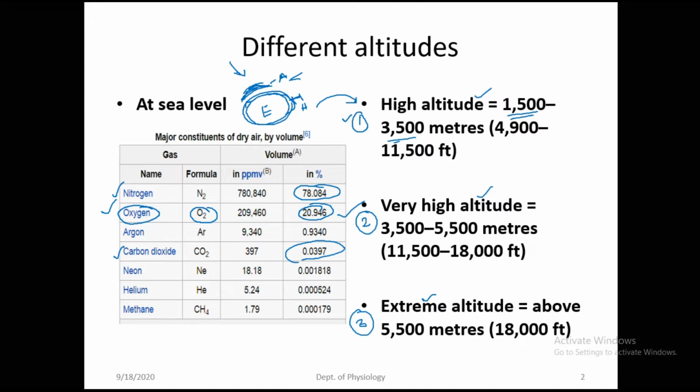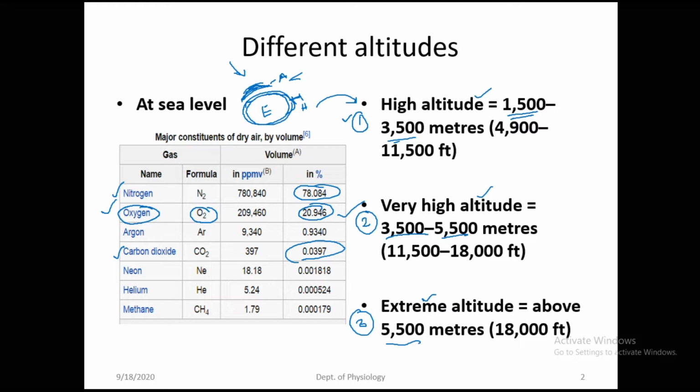If you go from 3500 to 5500 meters, it is considered a very high altitude, and beyond 5500 meters it is considered an extreme altitude, where the existence of life is very challenging. So this is about the different altitudes.